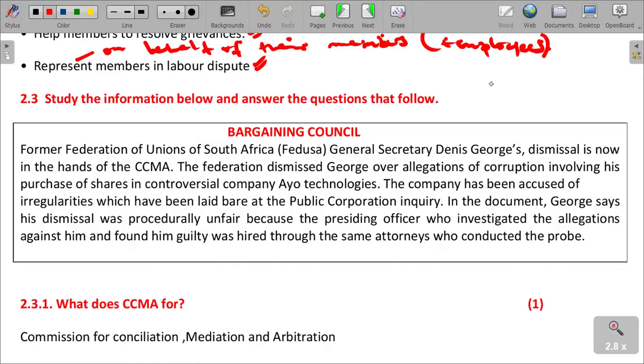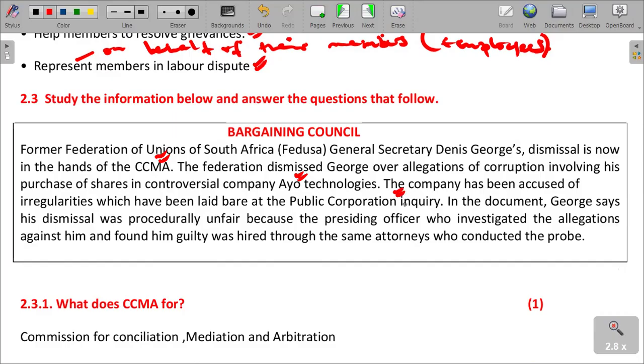So study the information below and answer the questions that follow. Former Federation of Unions of South Africa General Secretary Dennis George's dismissal is now in the hands of the CCMA. The Federation dismissed George over allegations of corruption involving his purchase of shares in the controversial company IO Technologies. The company has been accused of irregularities which have been laid bare at the Public Corporation Inquiry.